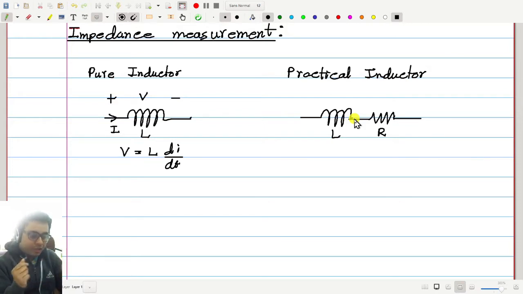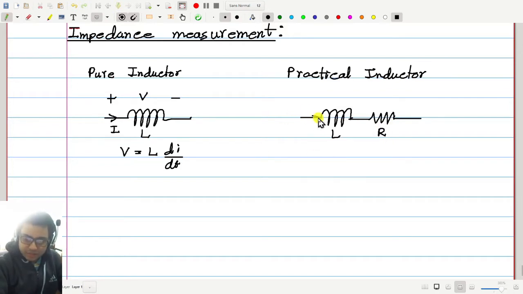When all these are viewed together from outside, that means from the two terminals of your coil, it will behave like a combination of L and R overall. This resistance R will incorporate all other losses like hysteresis and eddy current loss, not only the Joule heating.